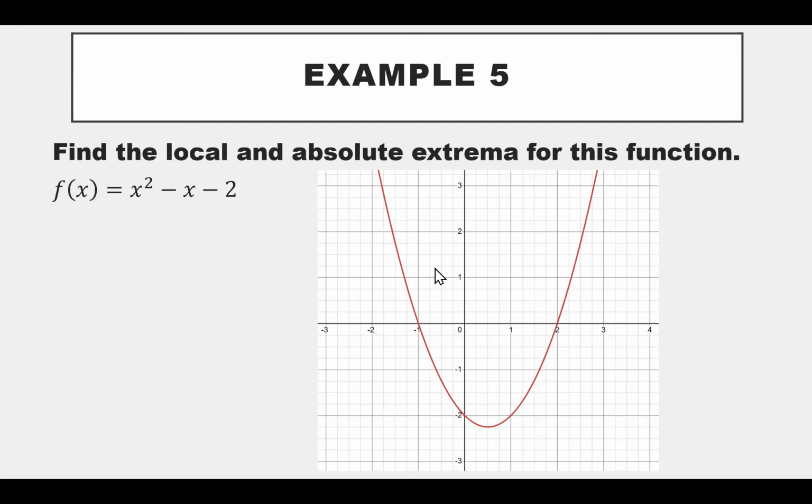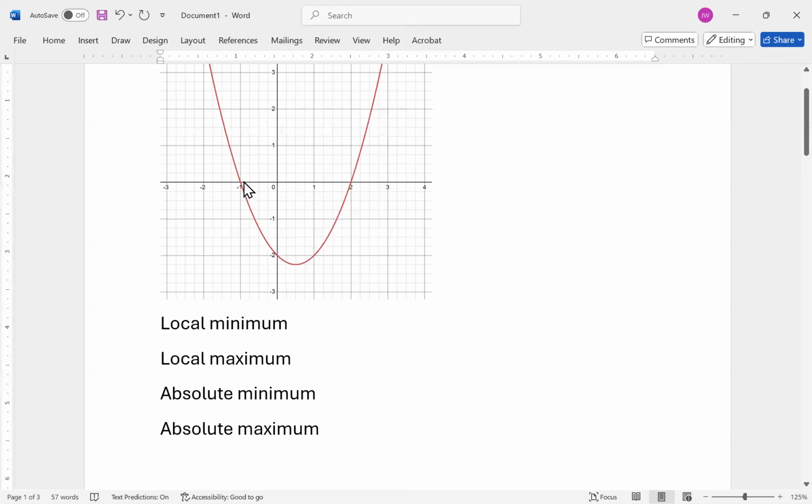So let's take a look at the original graph that we had and find local and absolute extrema for this function. So local minimums and maximums, absolute minimums and maximums for this function. In this example, we have to look closely, but we've already found some points using our function expression.